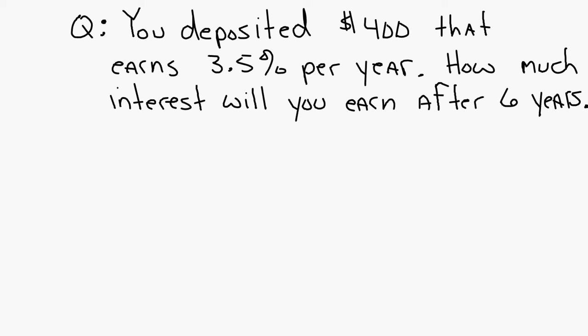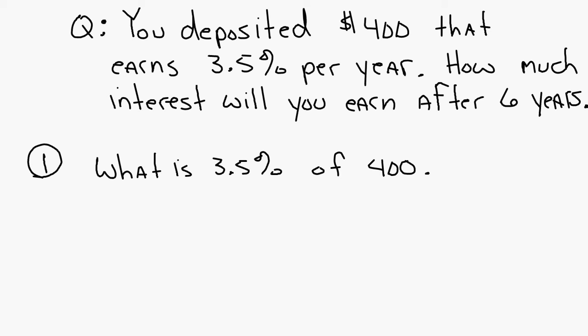So think about this. You're putting $400 in the bank. It's going to get you 3.5% per year. All right? So the first thing that you have to do, this will be step one, is find out what is 3.5% of 400.